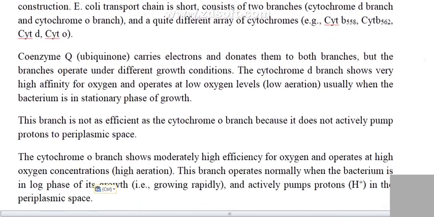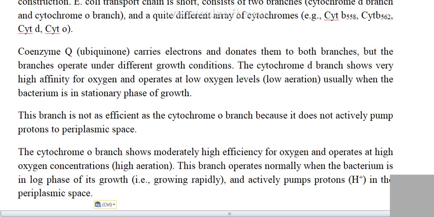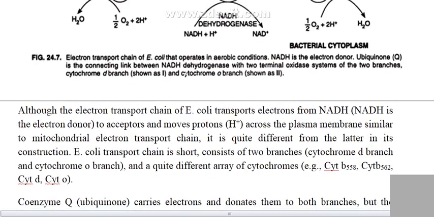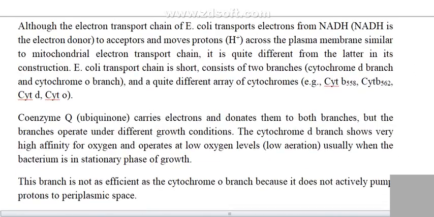So in aerobic condition, the oxidases reduce the oxygen to water, and it is utilizing the cytochrome O. But in anaerobic condition, usually it is following the cytochrome D. The last electron acceptor is the cytochrome D.